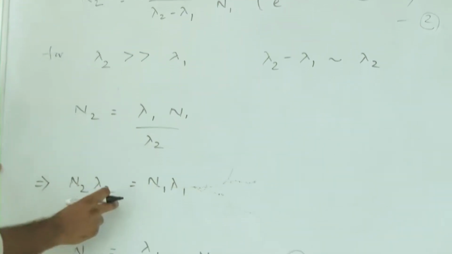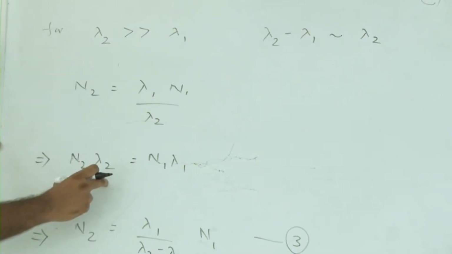You remember N lambda is the activity, the disintegration per minute.